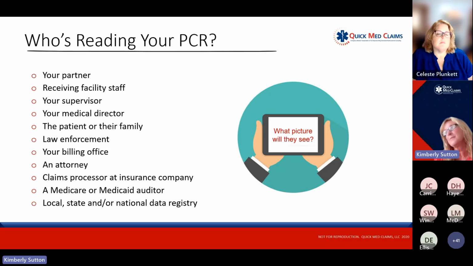Patients or families can also look at certain records in the chart. A big thing too is for any type of law enforcement or attorney offices, if you've had an auto accident or there is a legal case engaged, they have opportunities to review that chart. Also Medicare or Medicaid auditors or your local and state registries.